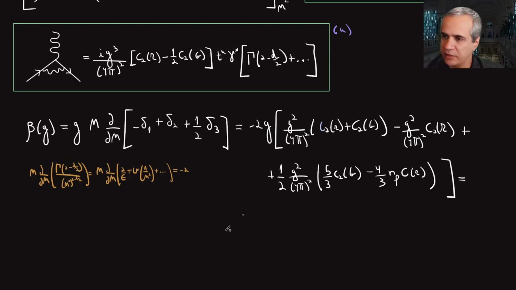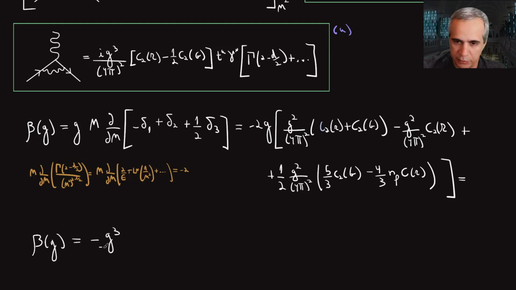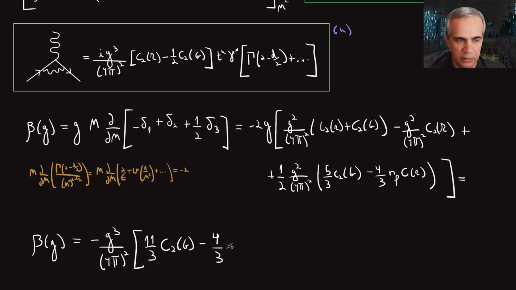And then I just add whatever is left to get the beta function finally, which is minus g cubed over 4 pi squared times 11/3 of C2G minus 4/3 the number of fermions CR.